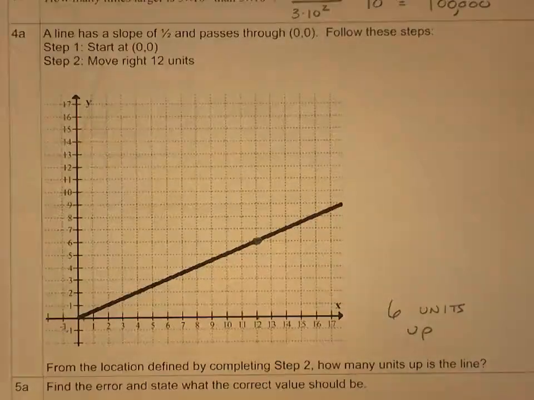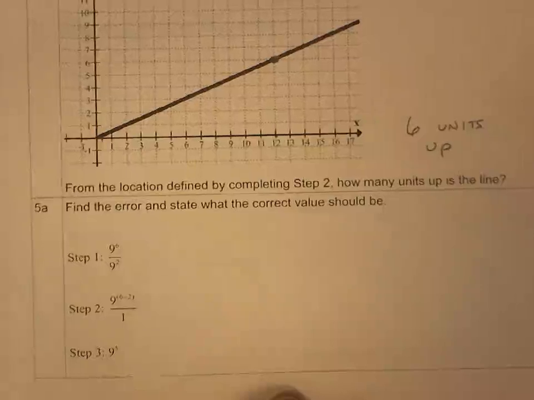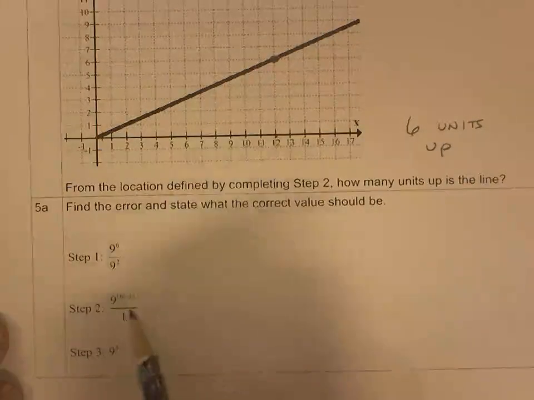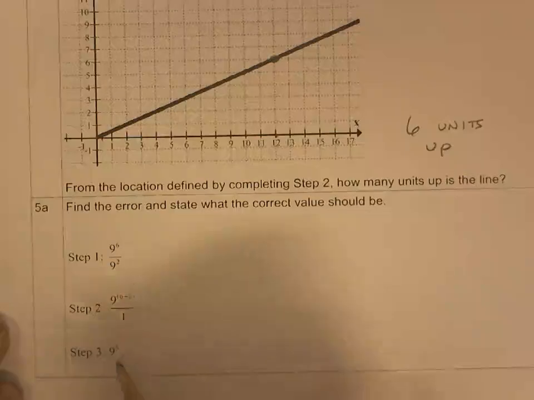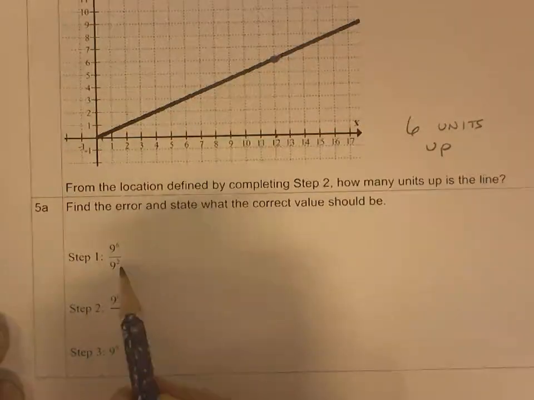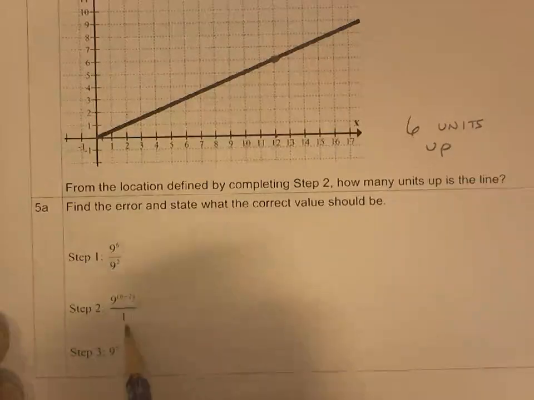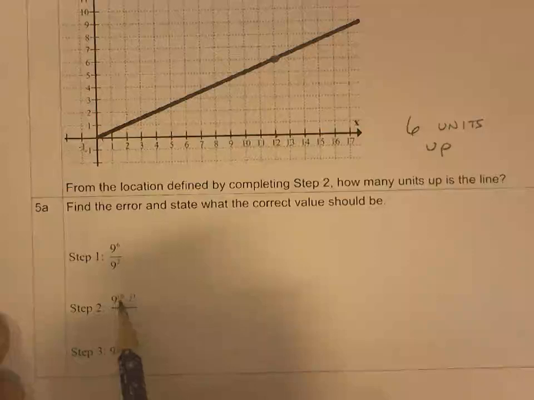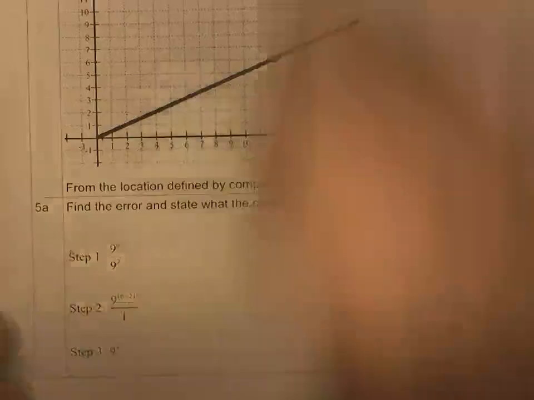Good. Next one, number 5. Find the error and state what the correct value should be. Happened right here. I do the subtraction, so I have 6 on top, 2 on the bottom, so it's 6 minus 2 over 1. The denominator looks good. And right here, this is 6 minus 2. Let me zoom in.